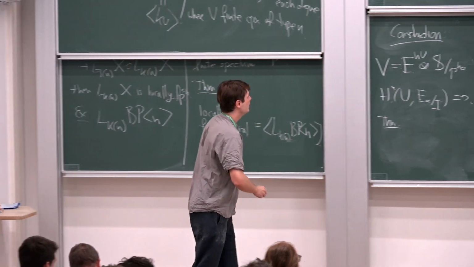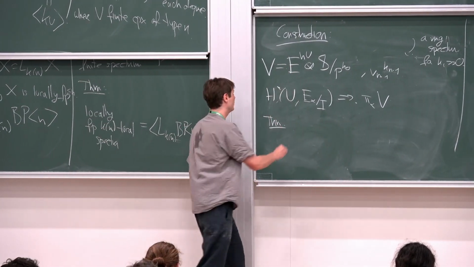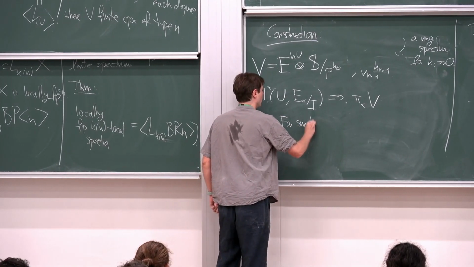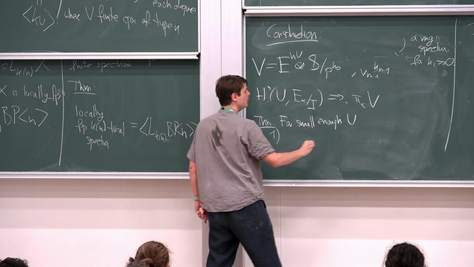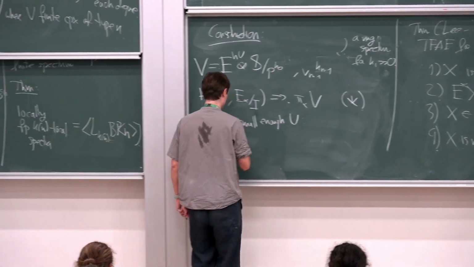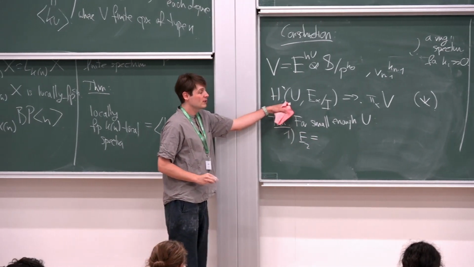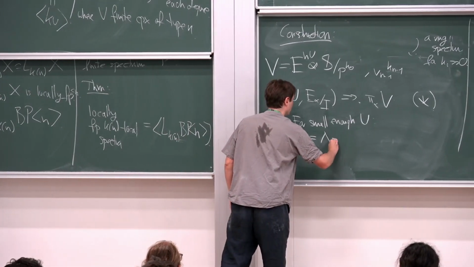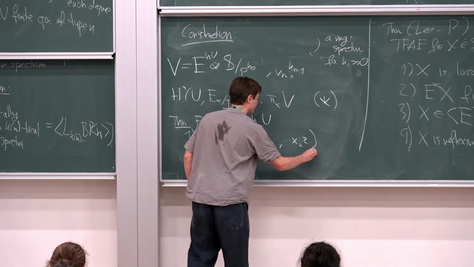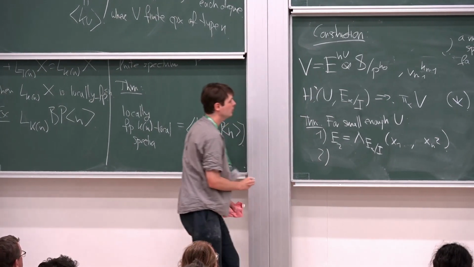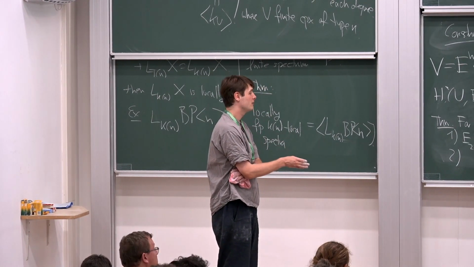And the last theorem I wanted to mention here, this is also with David, is that for small enough subgroups U, this is actually a very nice finite complex. What do I mean by this? The E2 page of this spectral sequence, so these cohomology groups, are actually given by an exterior algebra on n squared generators. This is essentially a very slight strengthening of a result of Lazard.